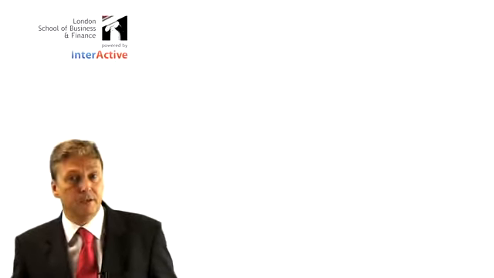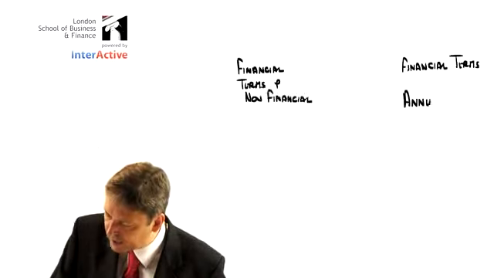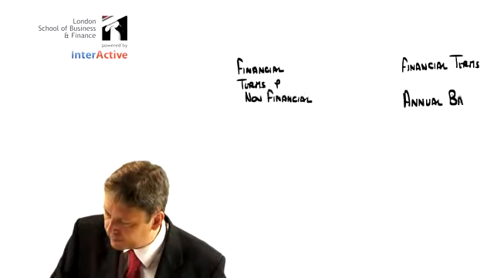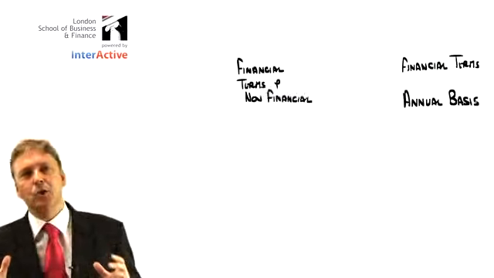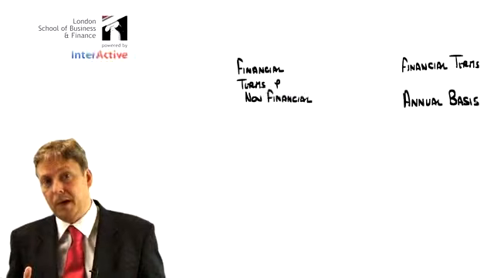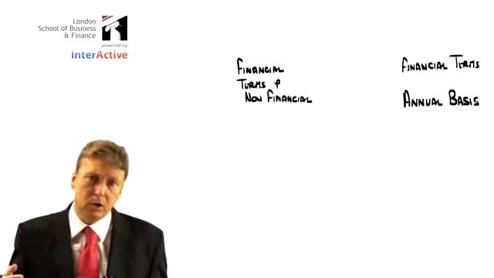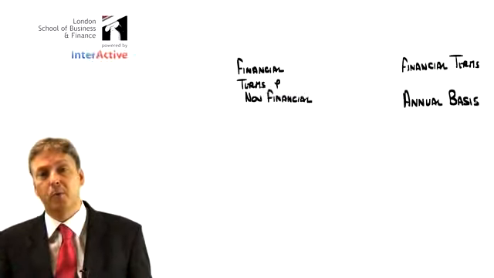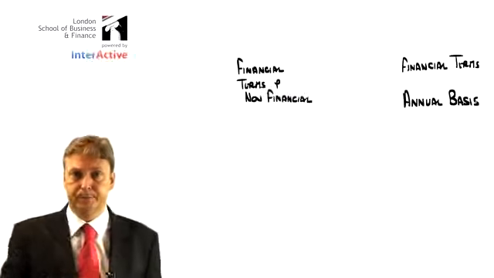If we were to continue, when you look at your statutory accounts, they are prepared on an annual basis. There is an annual cycle for which accounts are prepared. And if you wanted to be more clever, you could say that larger companies prepare reports on a quarterly basis as well.